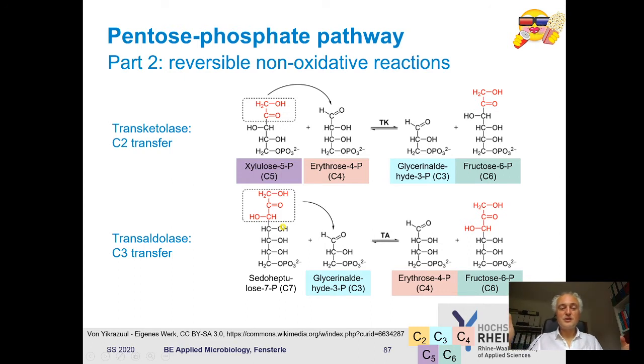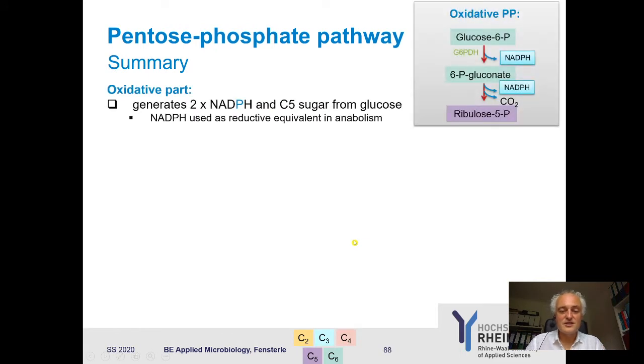This is not important for you. It's important to remember it's a C2 or C3 transfer. So in the non-oxidative part of the pentose phosphate pathway, we have isomerases and epimerases, and the transketolases and transaldolases. With the transketolases and the transaldolases, we change the number of carbons by transferring C2 or C3 units. That's just the summary of what I said.